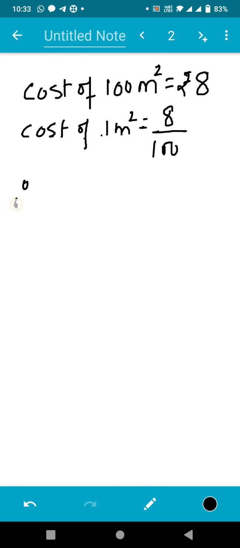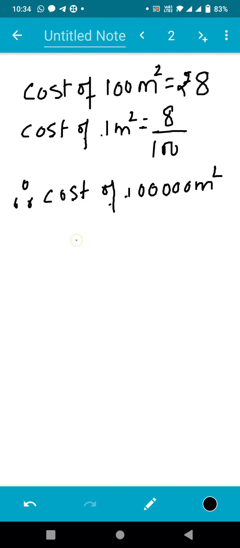So therefore cost of 1 lakh meter square land would be what? Obviously it would be more, because if 1 meter square is costing 8 by 100, so obviously 1 lakh meter square will cost us more than 1 meter square, isn't it? So it would be 8 by 100.